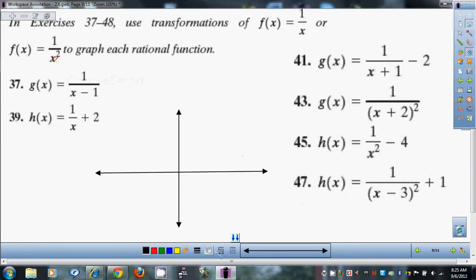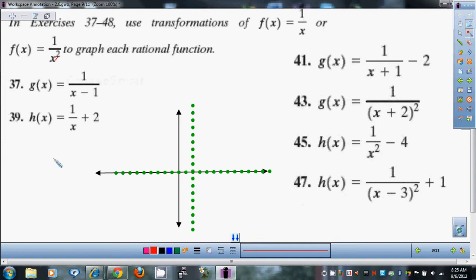So, my asymptotes were x equals +1, so right about there, and y equals 0, because it had a horizontal asymptote of 0. So you just sketch your parent graph around your new asymptotes.